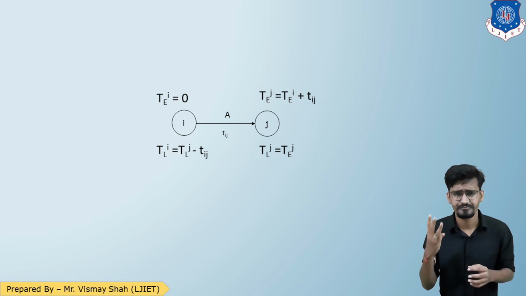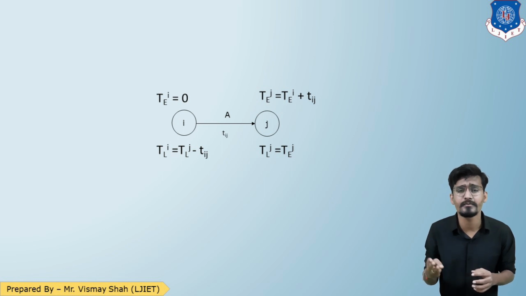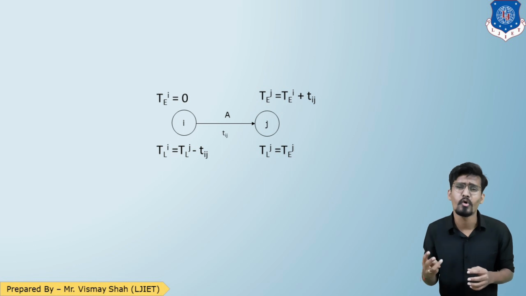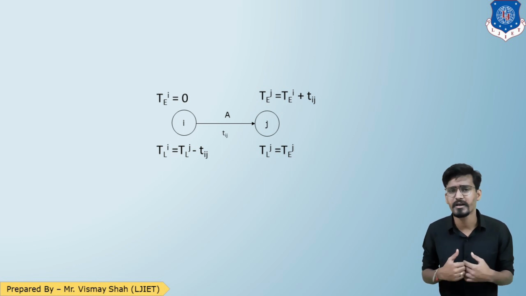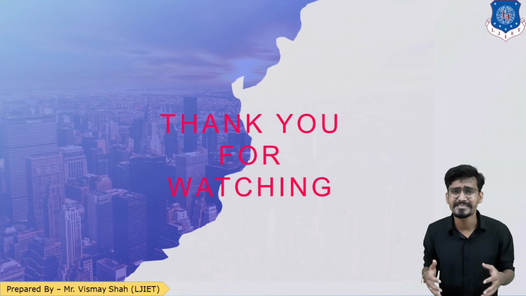Third, find the floats in the network. The concept of float we are going to learn in the next session. So in the next session we are going to see the numericals and the concept of floats.